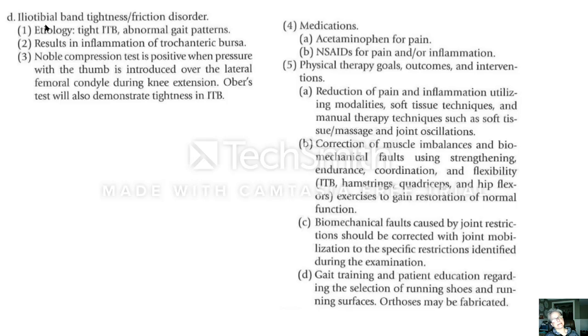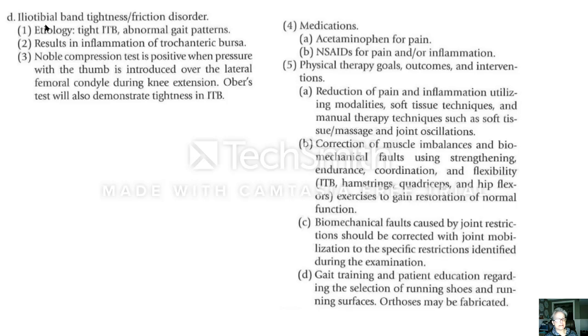Iliotibial band tightness friction disorder. Etiology: a tight ITB and abnormal gait patterns result in inflammation of the trochanteric bursa. A tight IT band can also come from weak glutes.